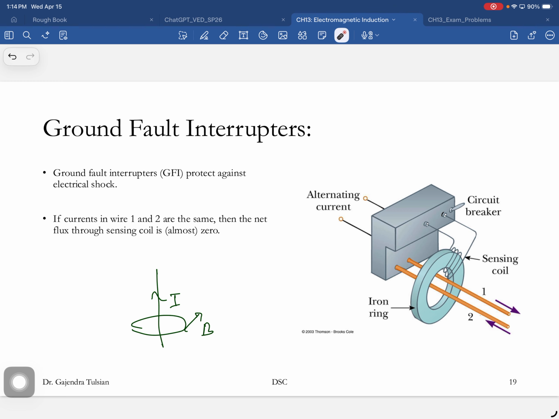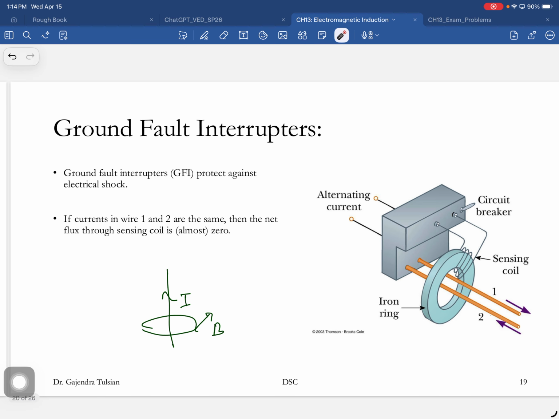Okay, so that's the key. Soon as you detect a magnetic field, you can induce a current in this sensing loop and trip a circuit breaker and turn it off. Okay, so the ground fault interrupter is protecting against electric shock.